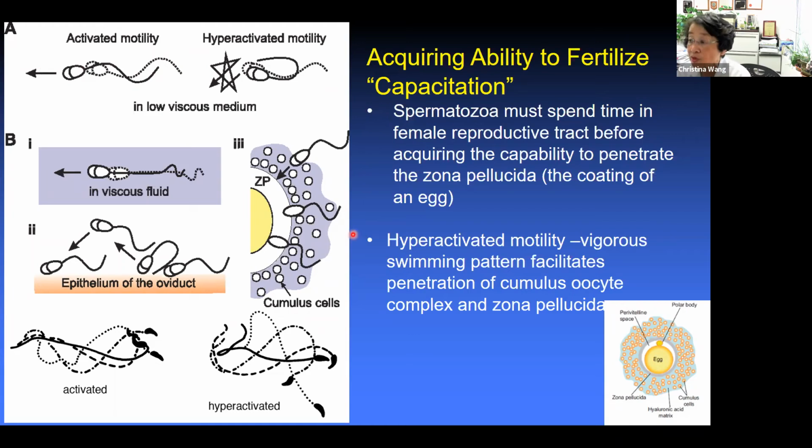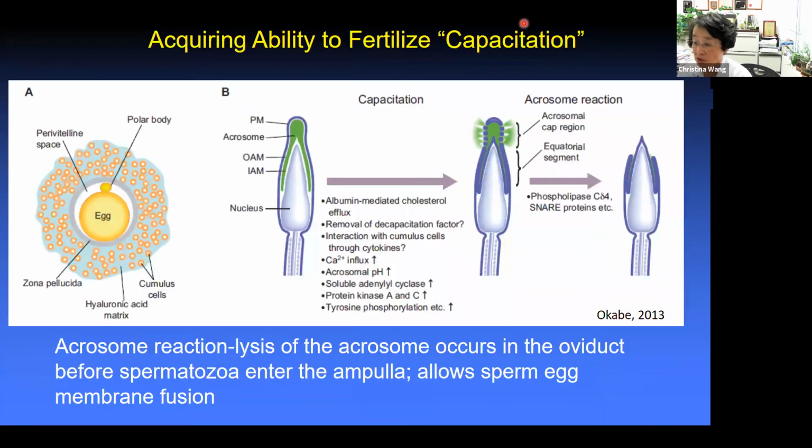However, when it goes near the egg, it has to go through these barriers, and it acquires hyperactivated motility, which means the flagellum, instead of just going like this, goes in this roundabout movement, so that it can go with high energy to penetrate the cumulus oocyte complex and the zona pellucida, so that it can attach to the cell membrane. So one process is called capacitation.